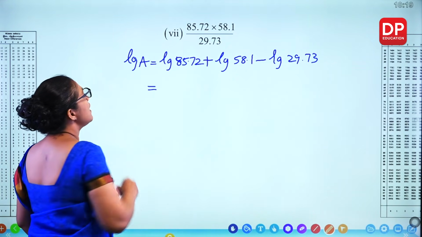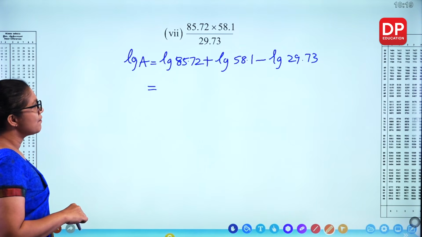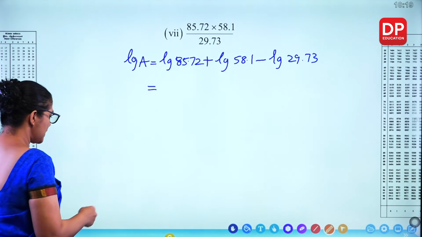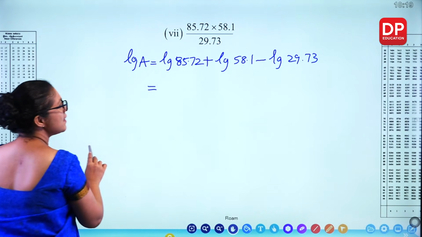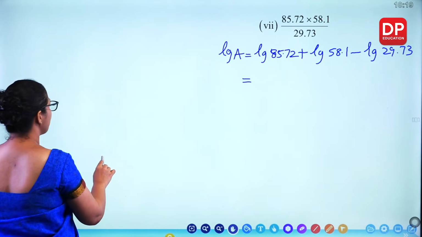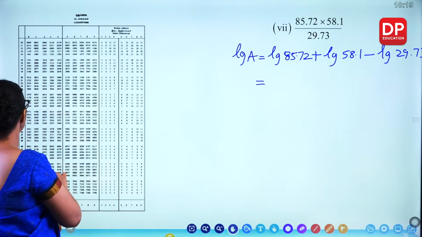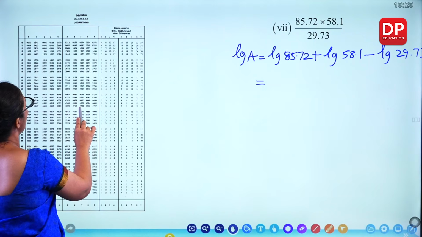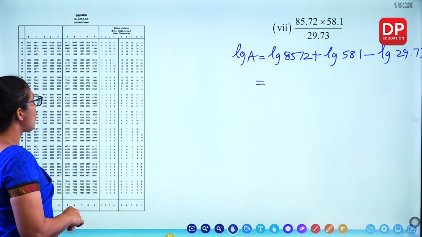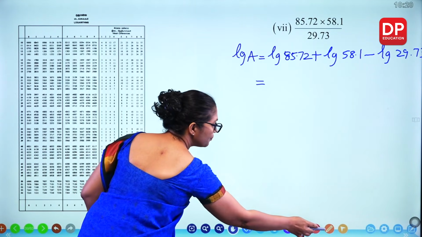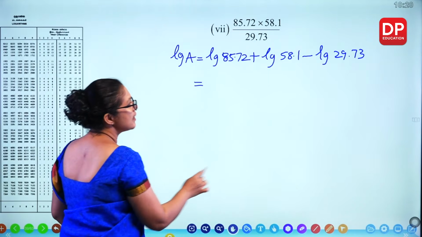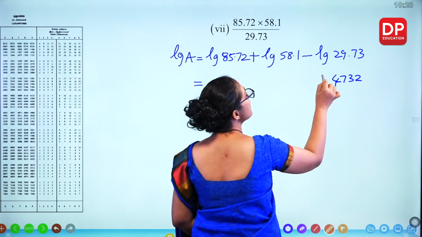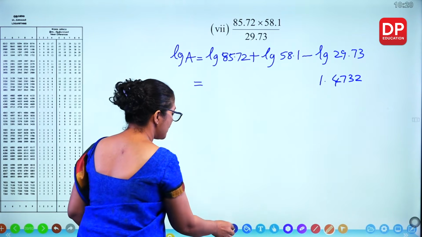Now refer the table and find out the log values. 8572, and here we'll do 2973 first because we have to refer the first table there. 2973. 3 is 4. So you get 4732 for this one. Characteristic is 1.